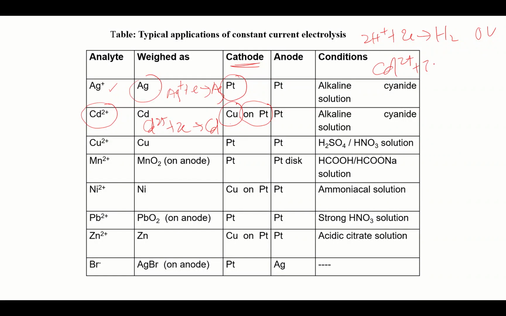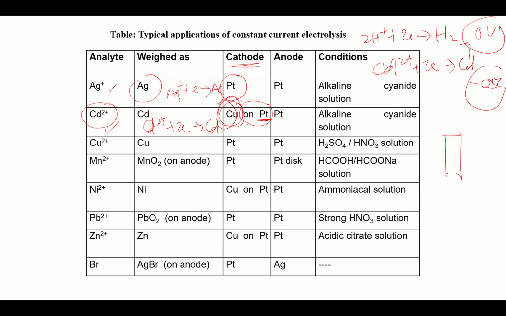Cadmium is a more negative value, I cannot remember, -0.4 for example. The more positive, the easier to be reduced on the cathode. Since this metal cation is more difficult to be reduced on platinum, that's why you must use copper.